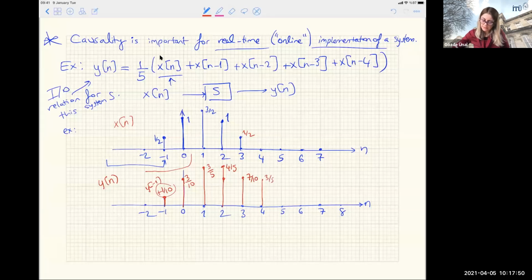At 5, I still have 1, 2, 3, 4. So I need to look at, for instance, here, 2 plus 3 over 5. I'm just very quickly calculating these. Now with 6, 1, 2, 3, 4, I have 3 over 2, 3 over 10. Okay, 3 over 10. At 7, 1 over 10.